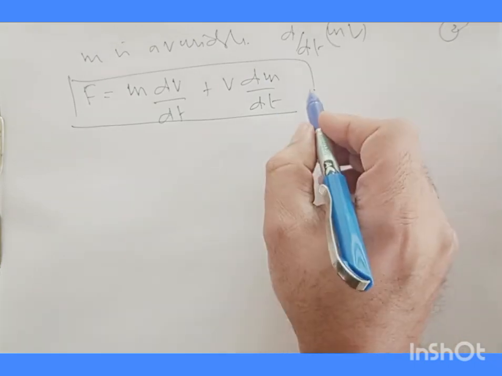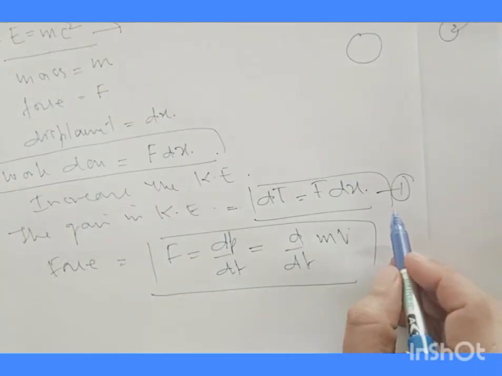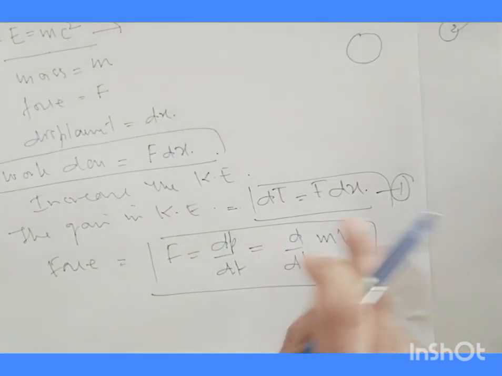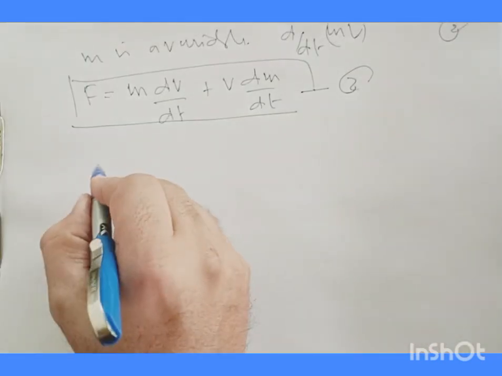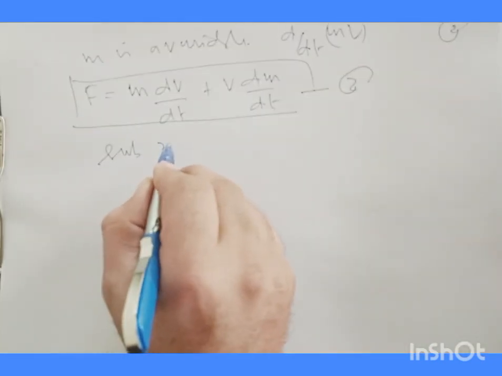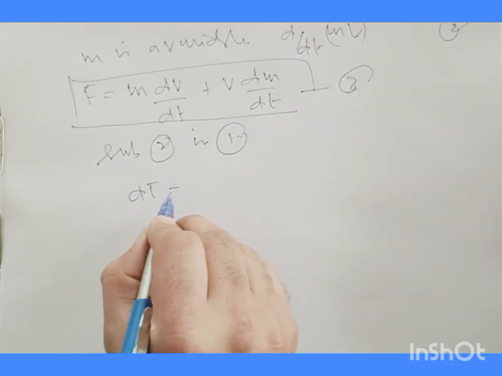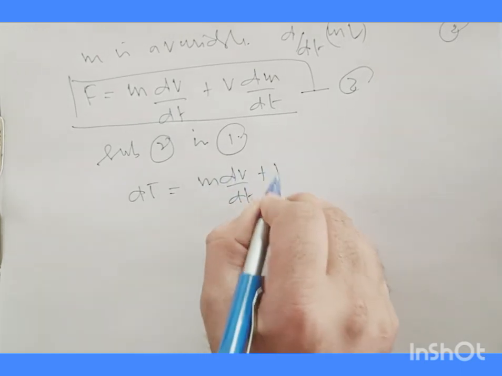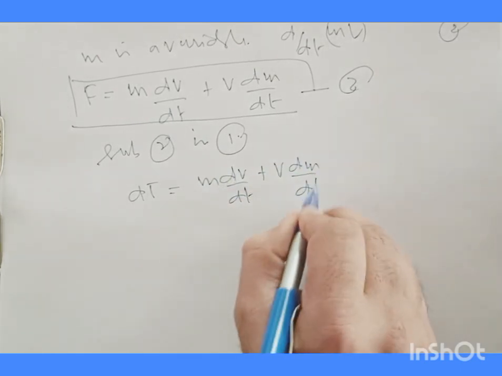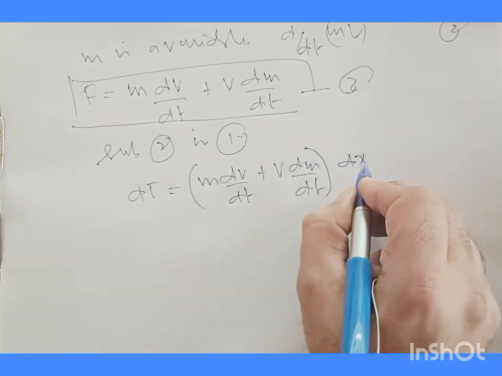Now I would call this equation 2, and I will substitute equation 2 in equation 1. So substituting second in 1, dT, the gain in kinetic energy, will be m dv by dt plus v dm by dt, times dx.